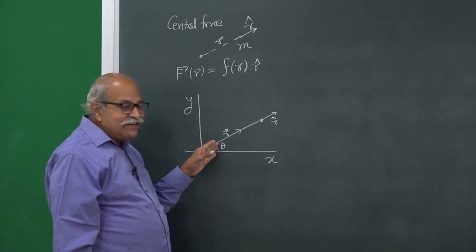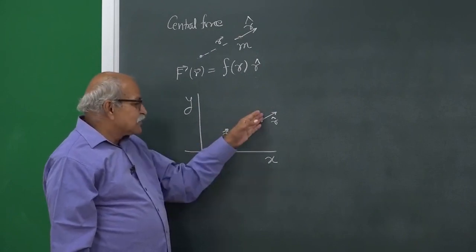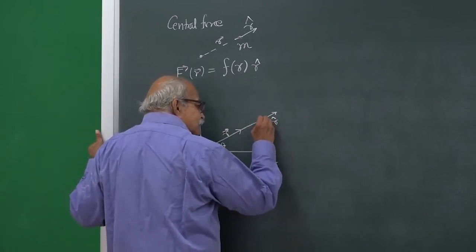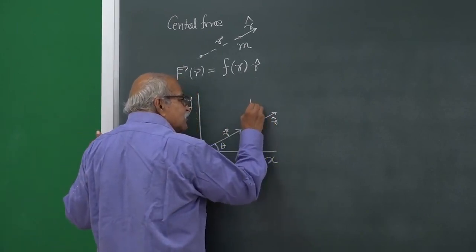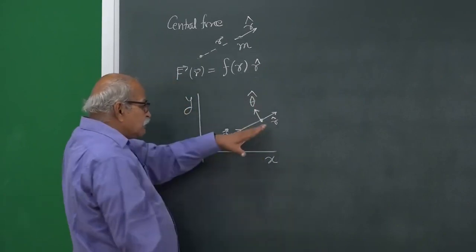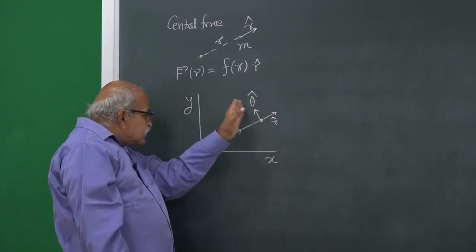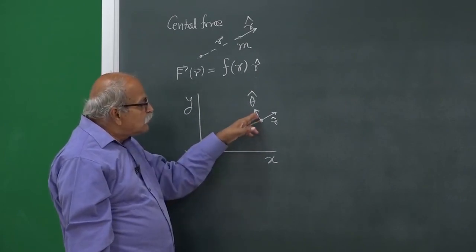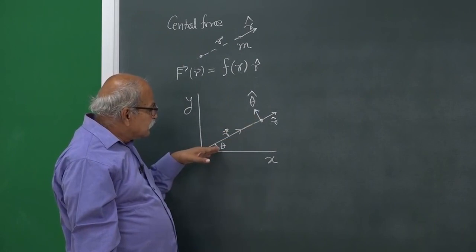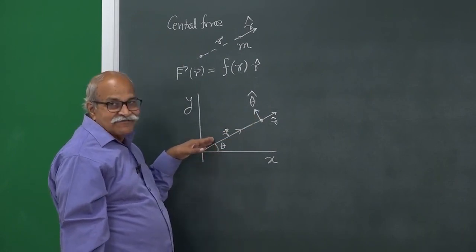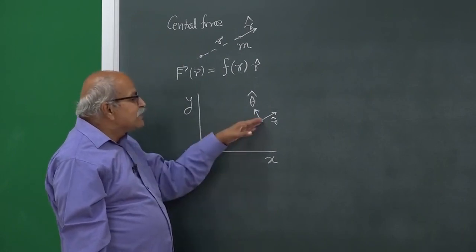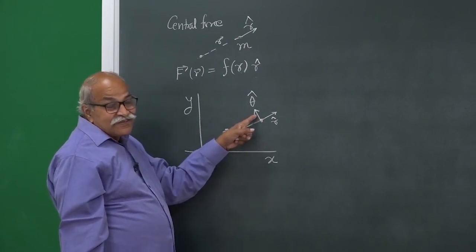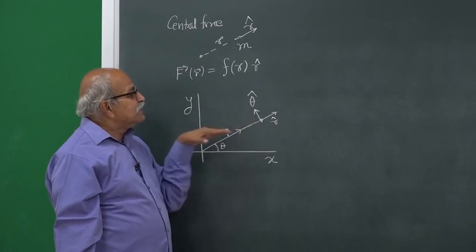If you do not increase the distance, but turn it so that this theta increases, in the direction in which r is not changing but theta is increasing, that means perpendicular to this, this direction is known as the theta cap direction. If I take the particle in this direction, this theta will increase. If I take it an infinitesimally small distance here, this theta will become theta plus d theta, but r will remain the same, since there is no component of that displacement in the r direction.